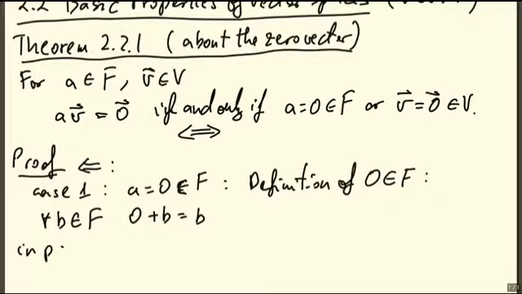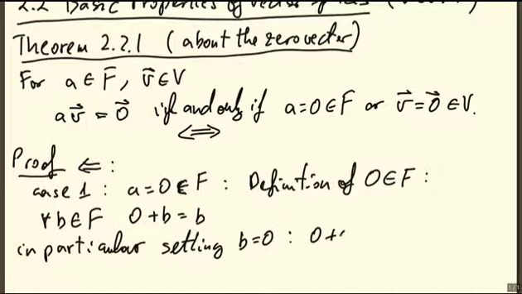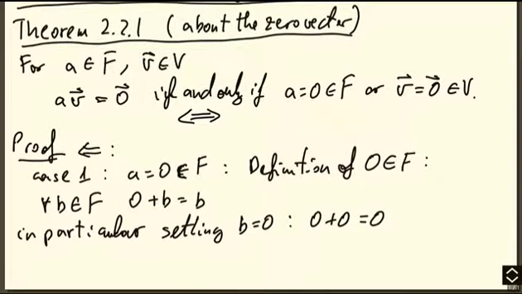Now, in particular, from this definition, we can set B equal to 0, and what we get is that 0 plus 0 equals 0. So we want to go backward from right to left, so we want to examine this left-hand side equation.